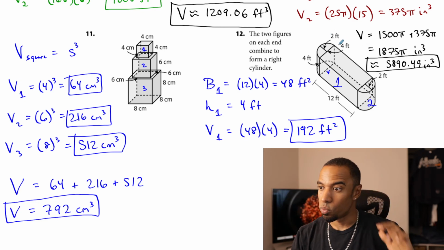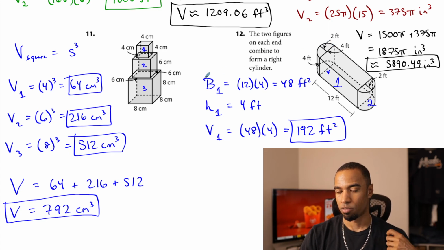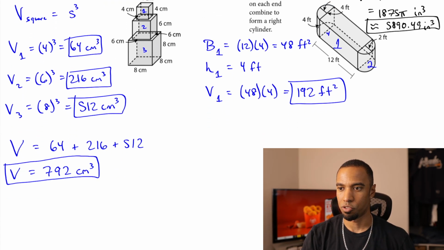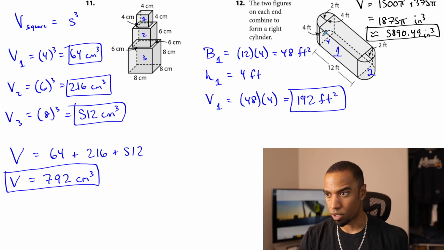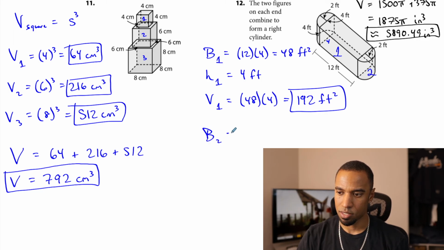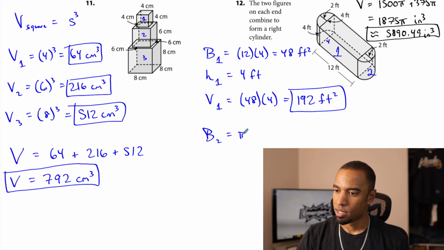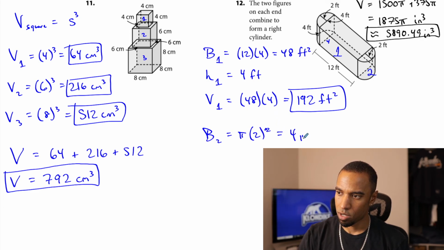All right, the 2 is the full cylinder, right? Everything. So the 4 is the diameter, if you will. The radius is 2. So pi r squared for the area of the base, and the height will be 4 for the cylinder, just like before. So the area of the base is pi times the radius squared, which is 4 pi square feet.